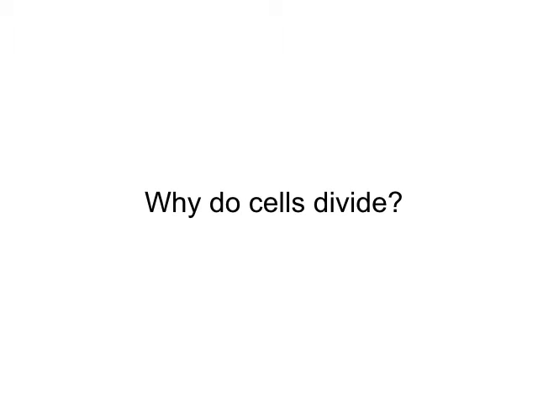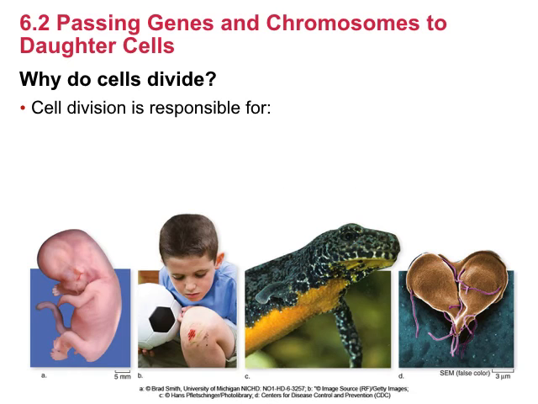All right, so cancer is a disease of uncontrolled cell division. So let's look at cell division, and first let's look at why cells divide. Cell division is responsible for really important life functions such as growth. So when you go from one cell in your mother's womb to 37 trillion cells, more or less, that has been estimated and published in a scientific paper.